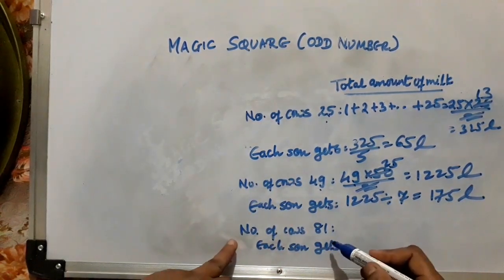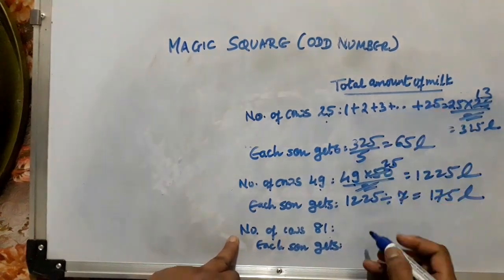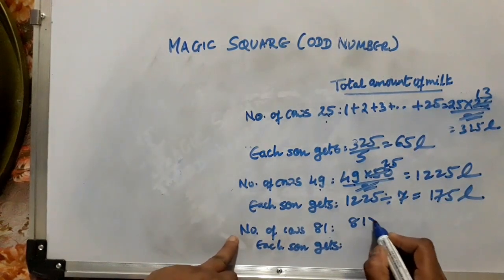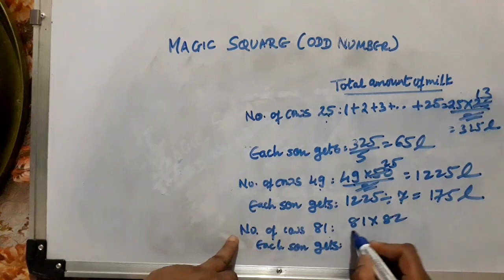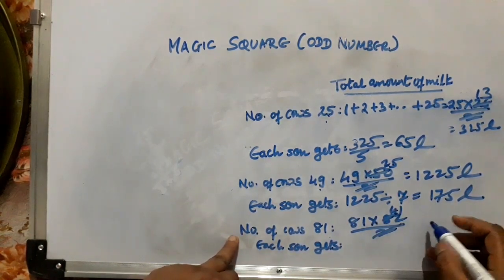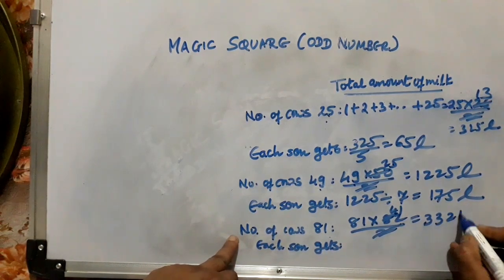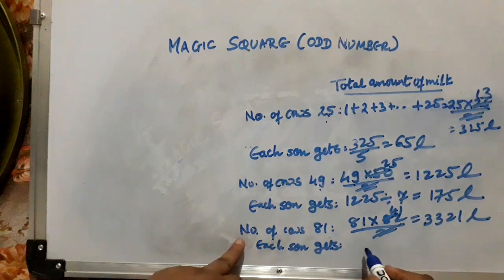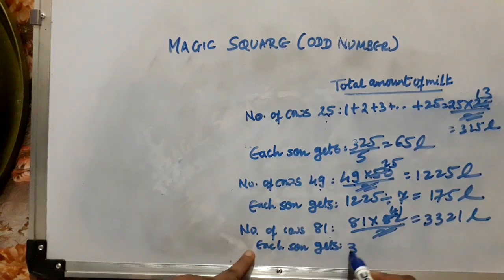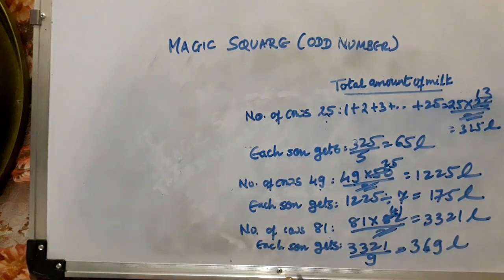If the number of cows is 81, then the total amount of milk will be 81 into 82 upon 2, that is 81 into 41, that is 3321 liters. So here you have 3321 upon 9, that is 369 liters of milk each son should get.